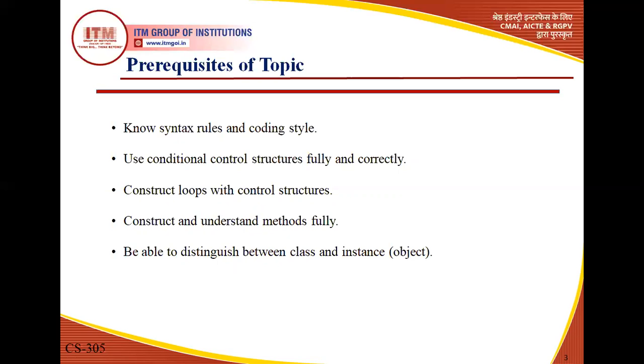We should also know control structures of the looping environment, and methods and constructs. And we should know the differences between the motive of a class and its instances. So all these things should be in our mind. If any student knows all these things, then they are very much capable of understanding the term object oriented programming.